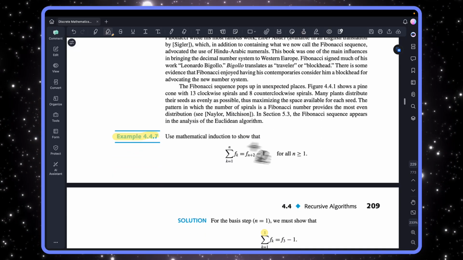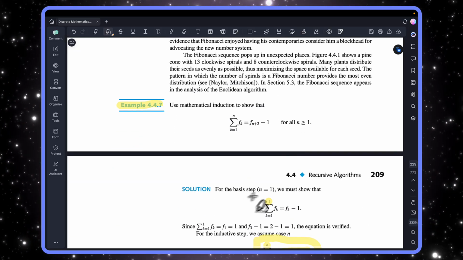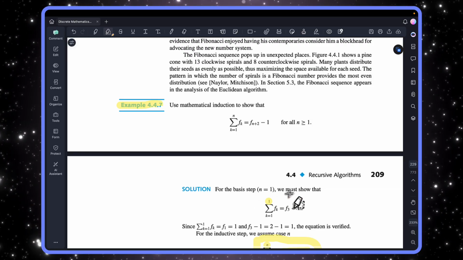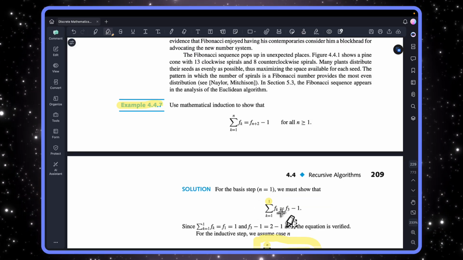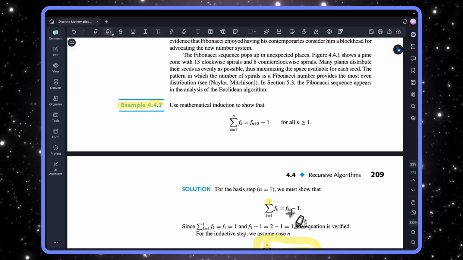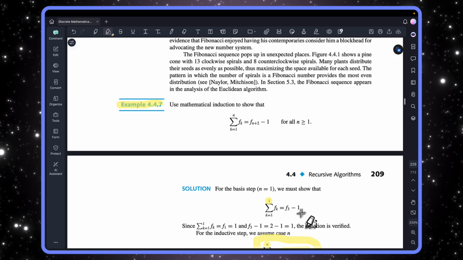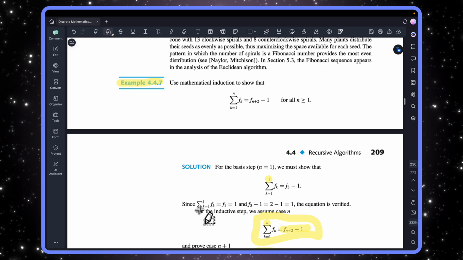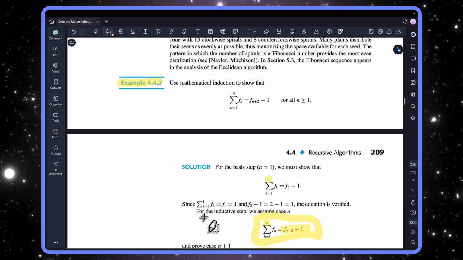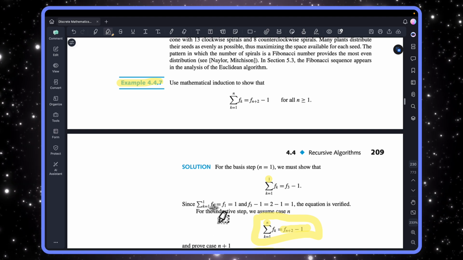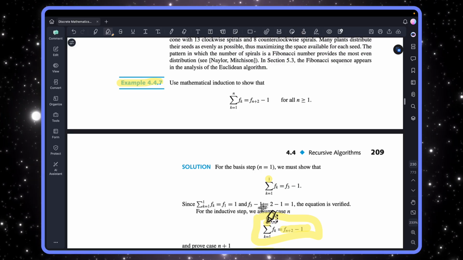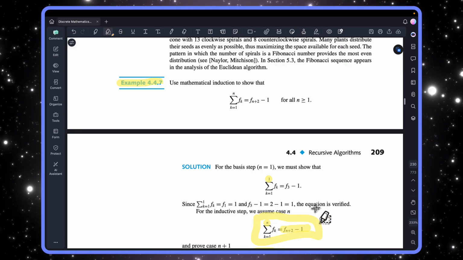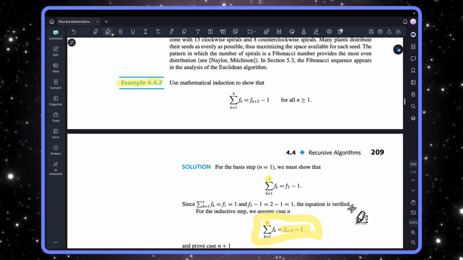For the basis step, n equals 1, we must show that the sum from k equals 1 to 1 of f sub k equals f sub 3 minus 1. Is that true? Let's just calculate it. The sum from k equals 1 to 1 of f sub k is f sub 1, which equals 1. And f3 minus 1 equals 2 minus 1 equals 1.